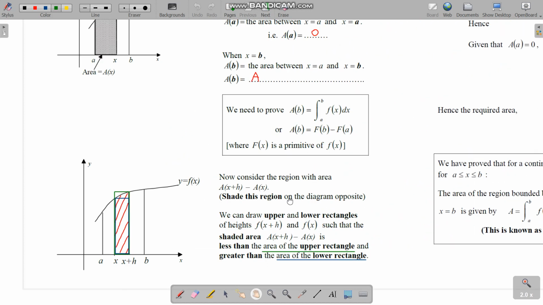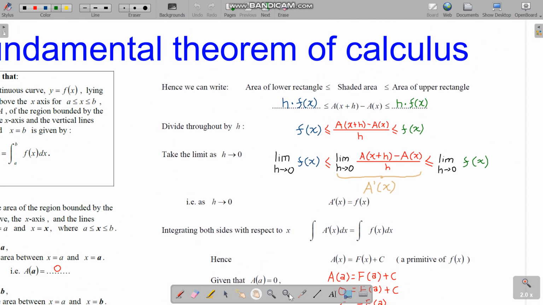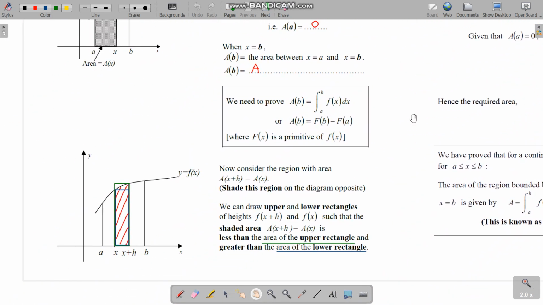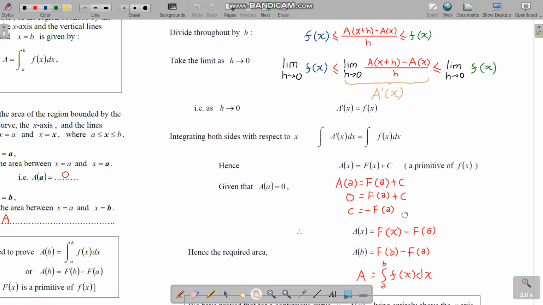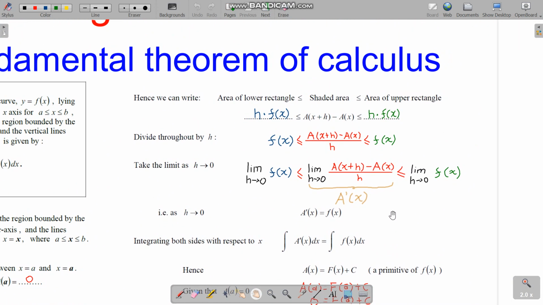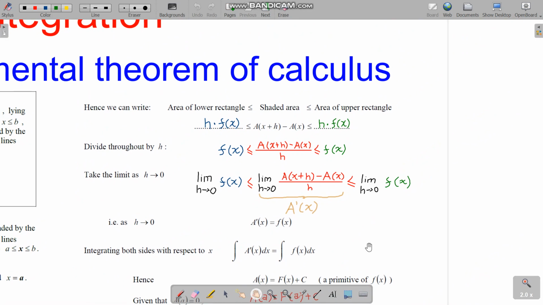Hence we can write the area of the lower rectangle, the blue rectangle. The height is f of x, and this length here is from x to x plus h, so this length is actually h. So it's h times f of x for the blue, and for the green, h times f of x plus h.